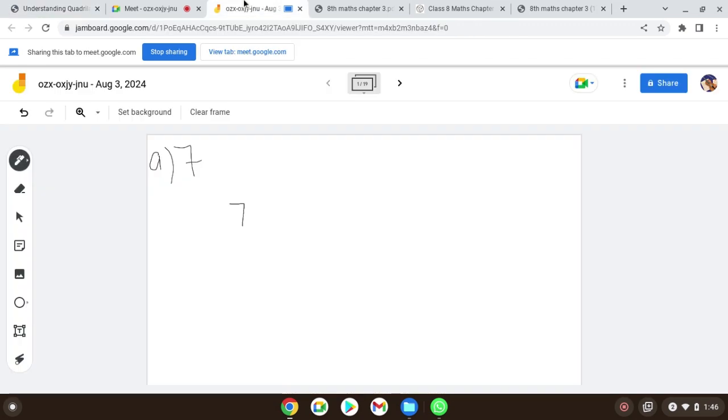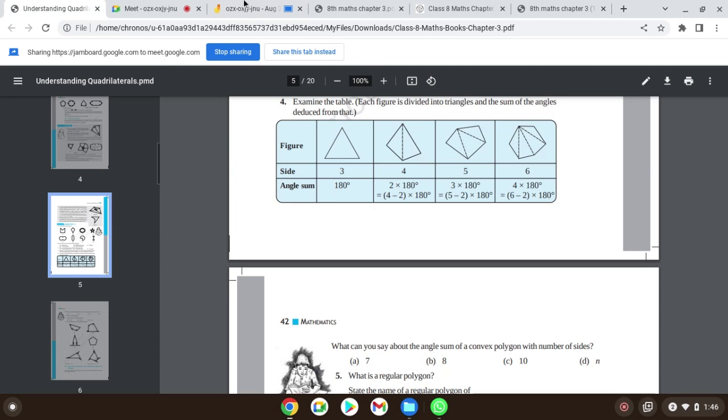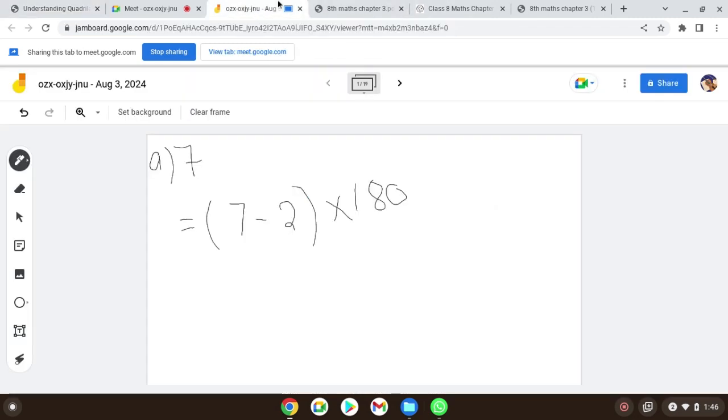We subtract 2 and then multiply with 180. Now 7 minus 2, what will be the answer? 7 minus 2 is 5. Now we have to multiply 5 with 180. Solve this and give me the answer.